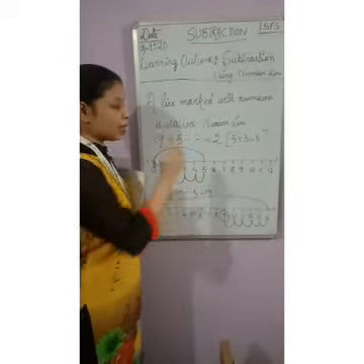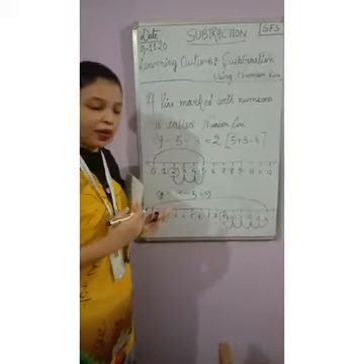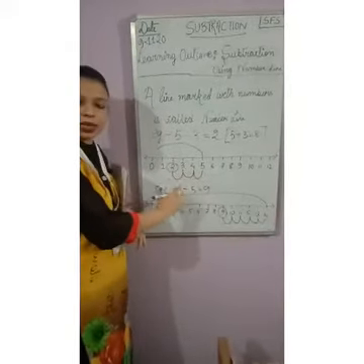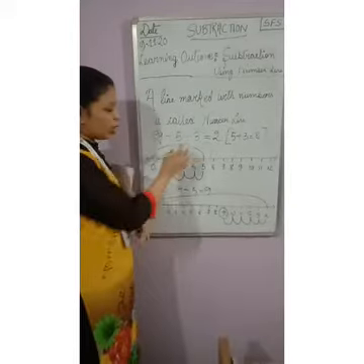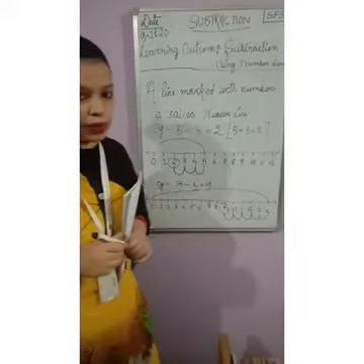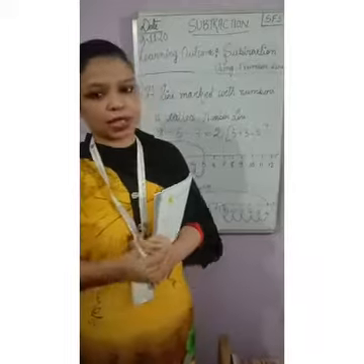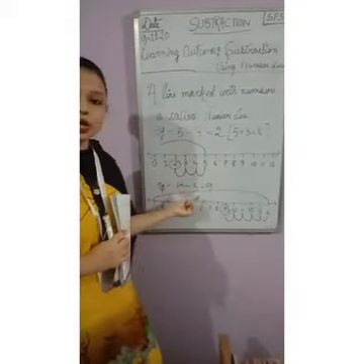But in subtraction, we go to the bigger number, and then we come back towards the left, whatever the number to be subtracted from the bigger number. So in this way we can use the number line to do subtraction, whether a 1 digit or 2 digit number. Here 14 is a 2 digit number.